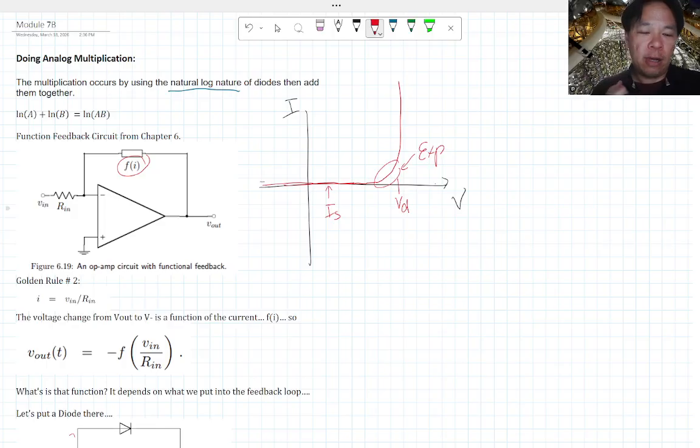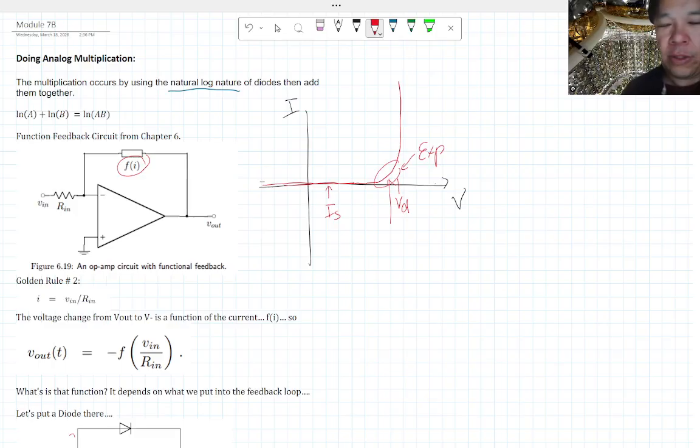If you put in a diode, you're basically going to be amplifying this turn-on curve as the current changes. And since the current versus voltage is an exponential, voltage versus current will be a natural log. Okay, and that's how we can do a logarithm in a circuit.